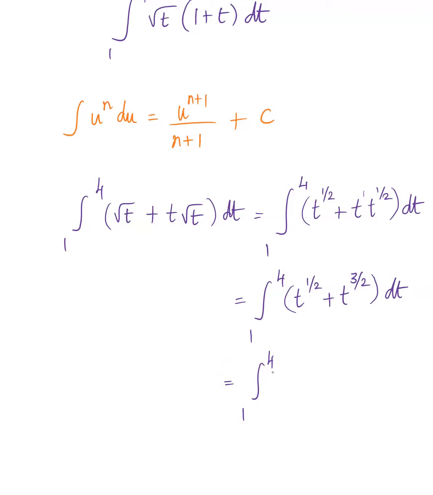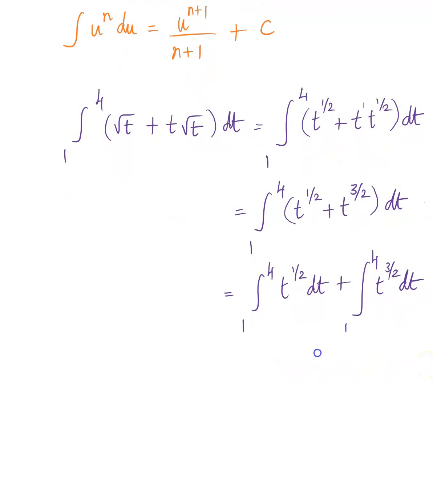So now it's time to apply calculus. You could separate it like this, t to the half dt plus the integral from 1 to 4 of t to the 3 over 2 dt, but I'm just showing it to you here. In future, I will not be splitting it up like this. I'll be doing them in one go. All right.